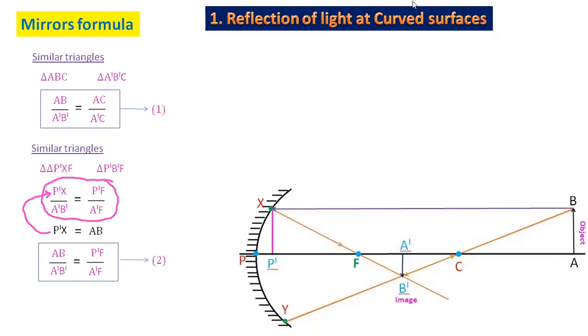What I told you: from equation 1 and equation 2, the LHSs are the same. So what can we do mathematically? There is nothing to substitute here because P dash F is there in equation 2. The LHS in both equations are the same.